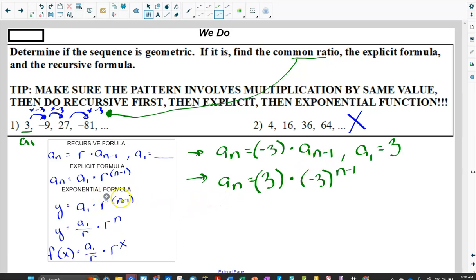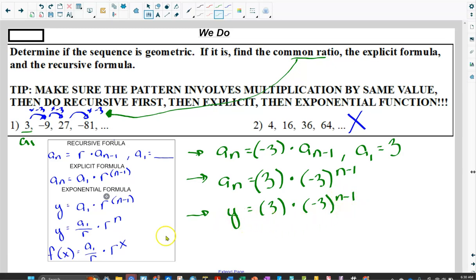Okay, and now we're going to jump to exponential formula, and I'll tell you why that's important for those of you guys always chasing that 100. So first let's start off with y equals A1 times, okay, so I'm basically copying this.